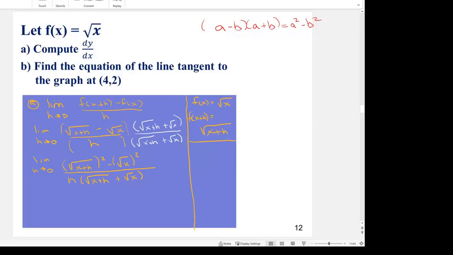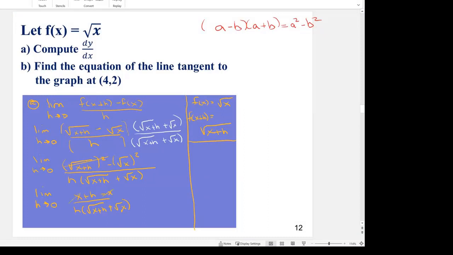So I just multiplied it out, which equals the limit as h approaches 0 of x plus h, because this cancels, minus x, over h times the square root of x plus h plus the square root of x.